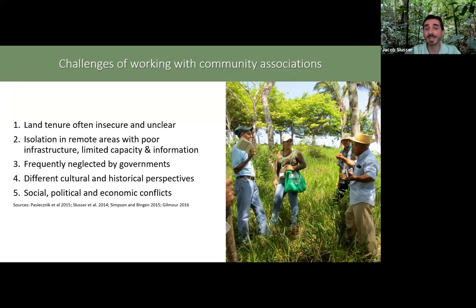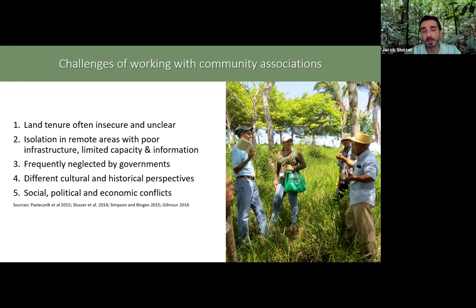They're frequently neglected by governments and potentially suspicious of outside organizations, depending on where you are in Latin America. And then there's also the issue of different cultural and historical perspectives of land use, which can really conflict with sustainable land use or conservation goals, especially from outside organizations who have a completely different view of what conservation or restoration is.